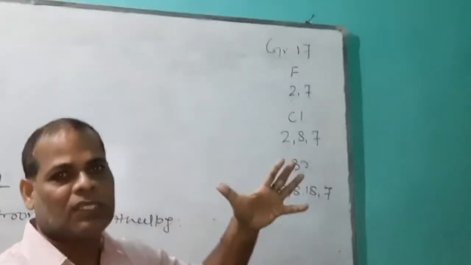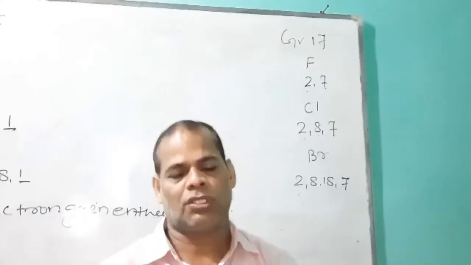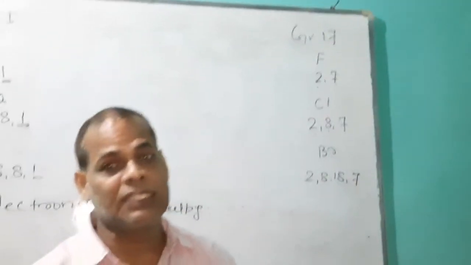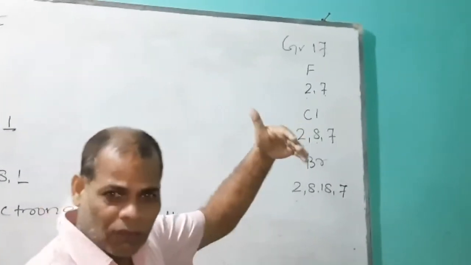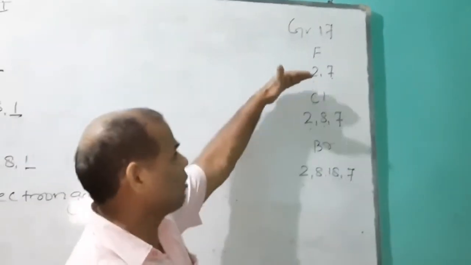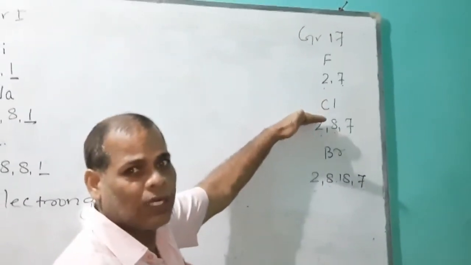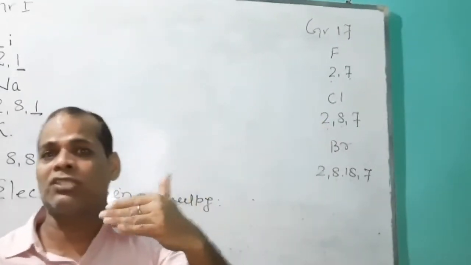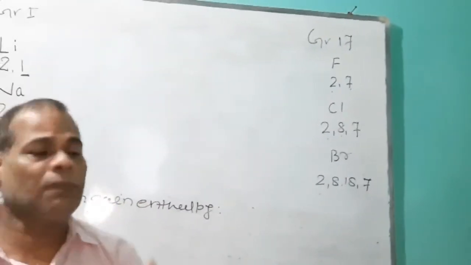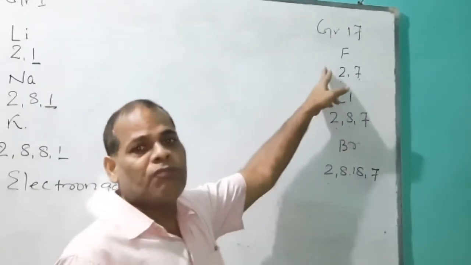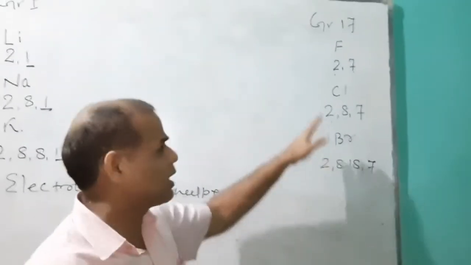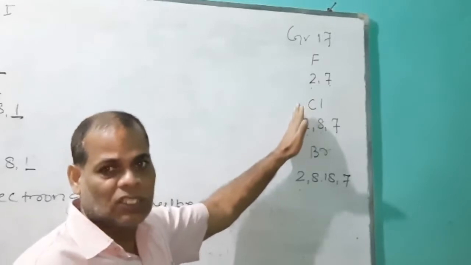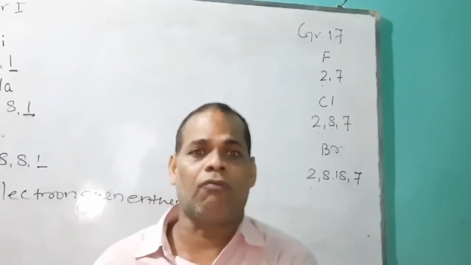As you move from top to bottom across the group, the size of an atom increases. So when you add the extra electron, the degree of happiness will go lower and lower due to the increase in the size of an atom.